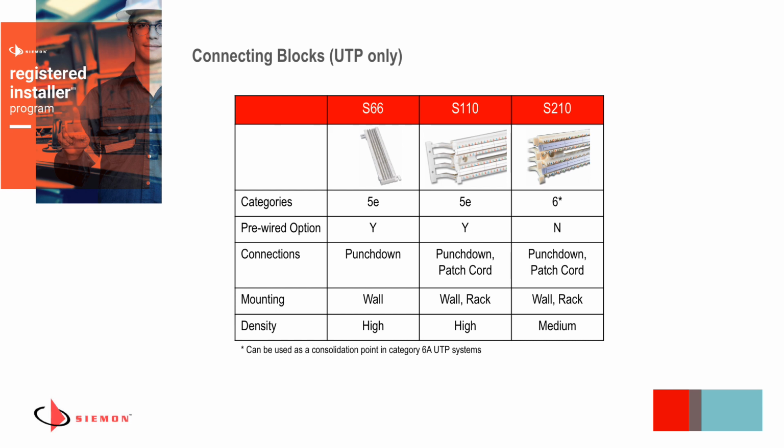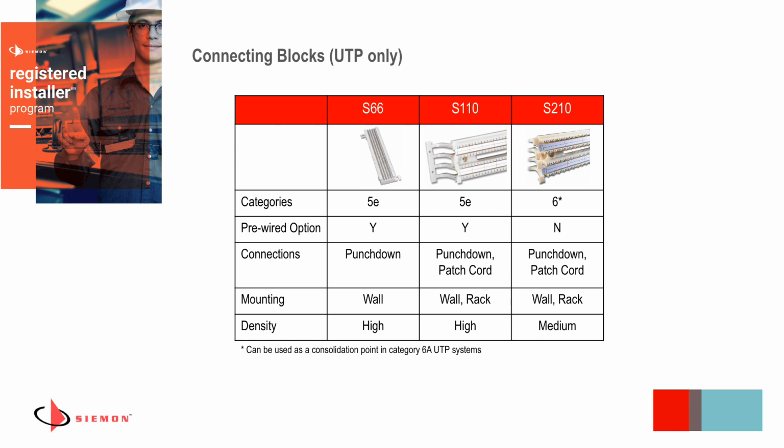In this case, as opposed to punching right down in the front, you will punch down in the front, but then you have to insert those colored connecting blocks directly over the top of them to do the termination and carry that forward to where you'll be doing some of your connection points. And those connections can either be through a cross connect wire or can be on an S110 style patch cord.